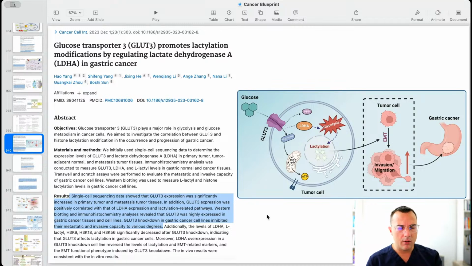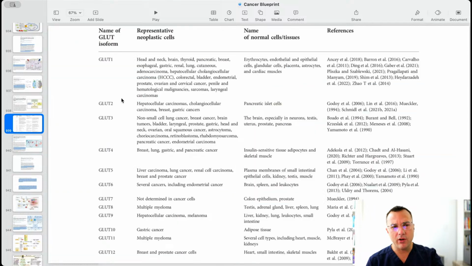Western blotting and immunohistochemistry analysis revealed that GLUT3 was highly expressed in gastric cancer tissues and cell lines. GLUT3 knockout in gastric cell lines inhibited their metastatic and invasive capacity to varying degrees. So the reason I showed this in particular is because obviously we have this, right? And I'm sure gastric cancer is likely on this particular slide somewhere.